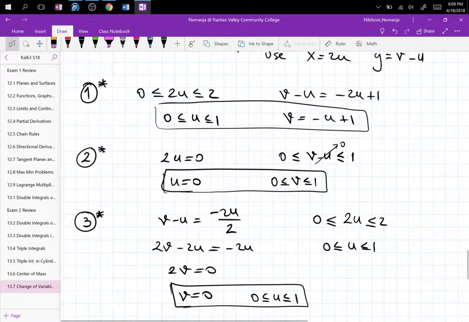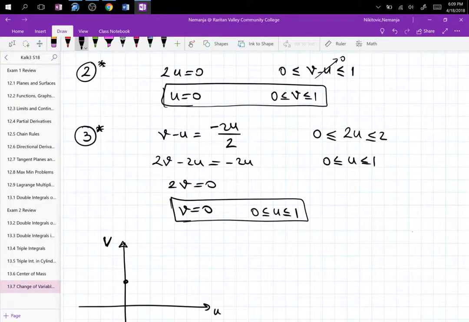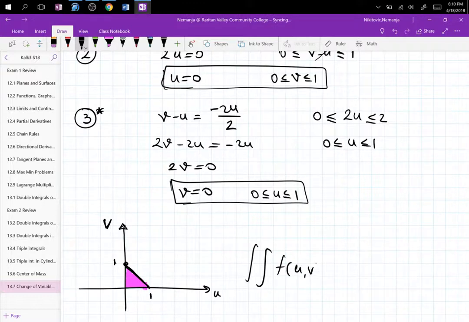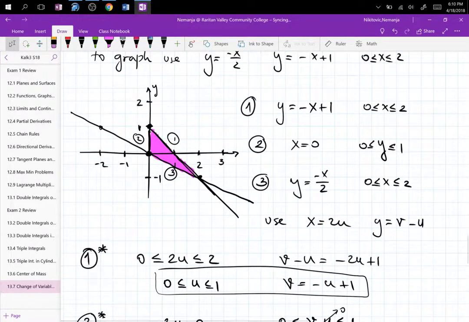So now we are going to go to the first equation and see that positive 1 and then negative u, and this is all we have, this triangle here. So now you can go and you can set up your double integral f of uv. So that was a transformation, problem 29.